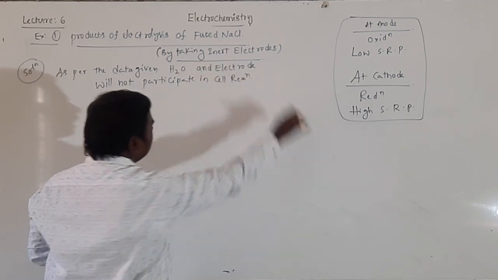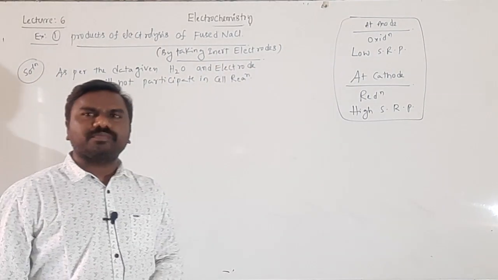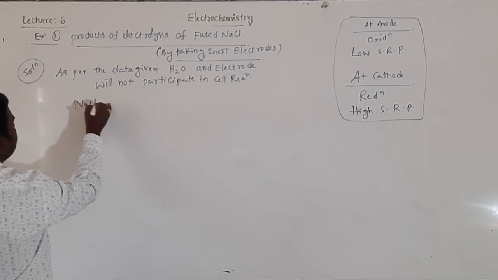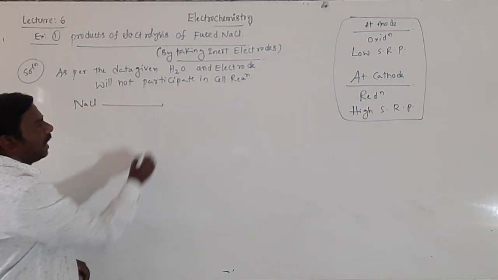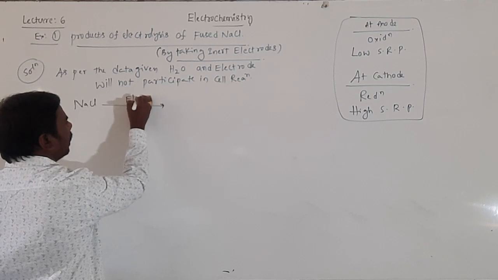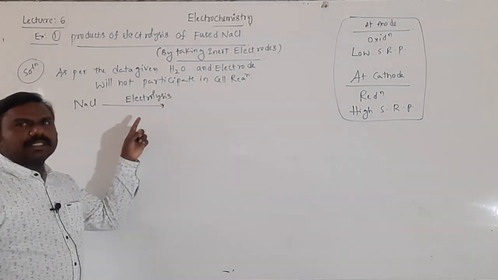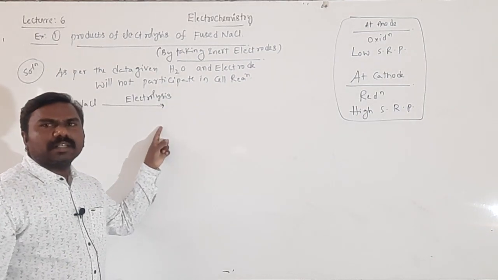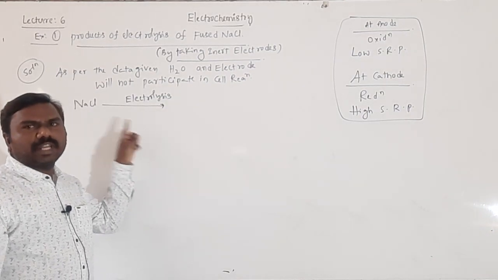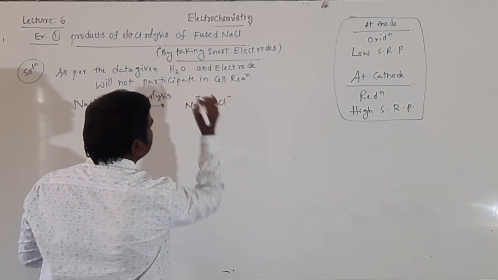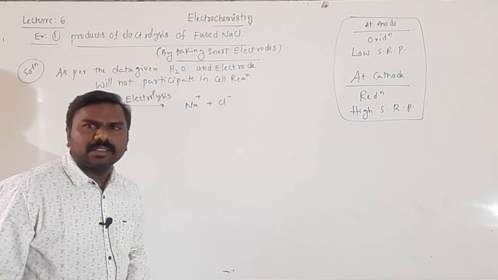No confusion in this case, students. Fused NaCl is taken. When you pass electricity, it means on electrolysis, by passage of electricity, there is a decomposition of NaCl into Na plus and Cl minus. Getting that?